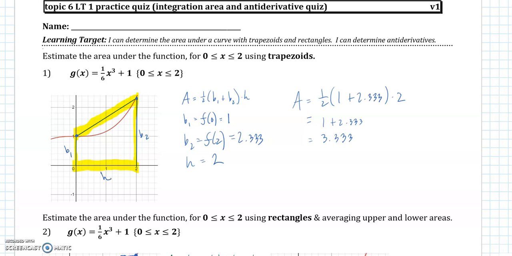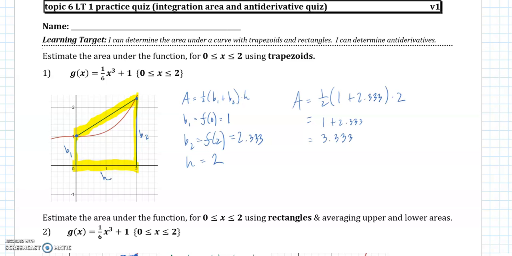To get base 1, you input x equals 0 into the function, and the y value is the point. It's the height of the trapezoid, the base 1, excuse me, at that point. And then input f of 2. So put 2 into 1/6 x cubed plus 1, and that turns into 2.33. So base 2 has a length of 2.33.